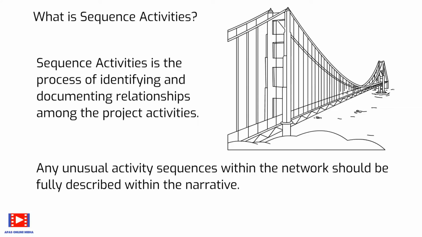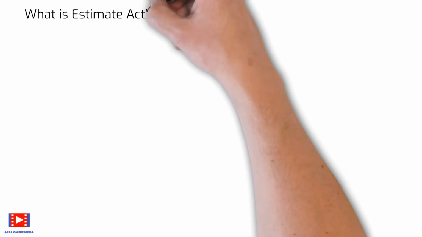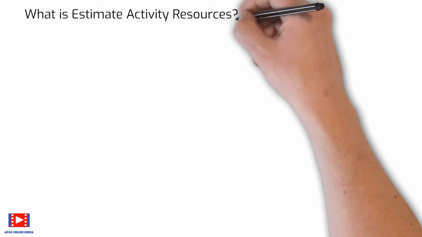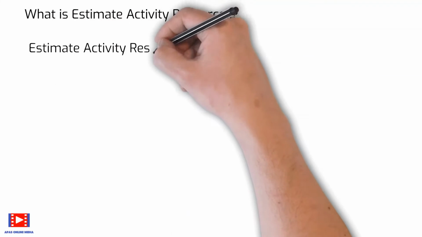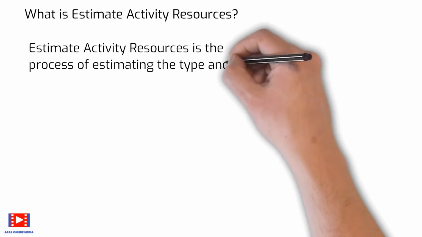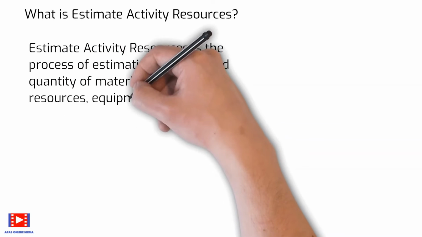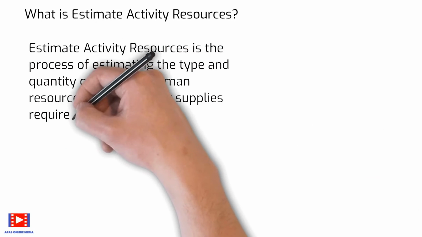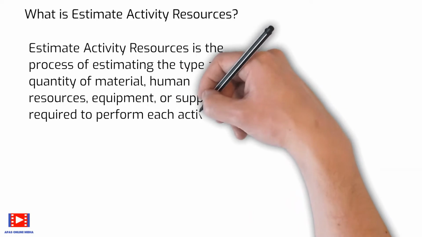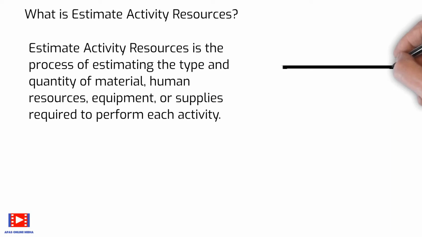What is estimate activity resources? Estimate activity resources is the process of estimating the type and quantity of material, human resources, equipment, or supplies required to perform each activity.